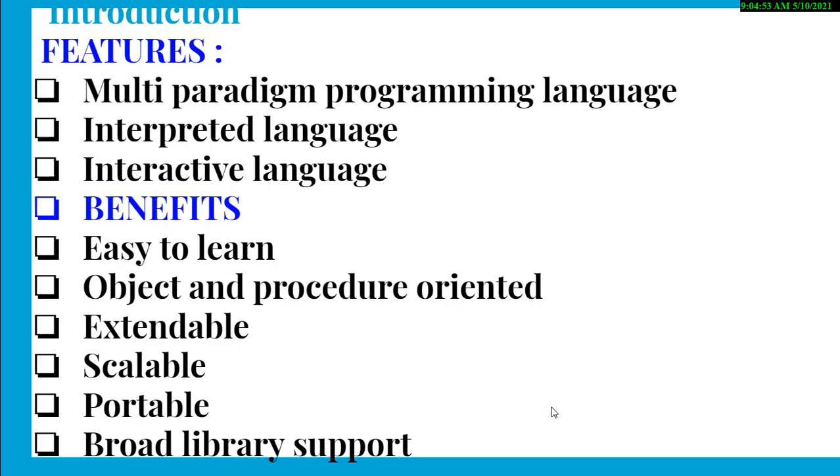So the first and foremost feature of Python is that it is a multi-paradigm programming language. Next is interpreted language. Interpreted language means that it does not require any explicit or complicated steps in order to perform.